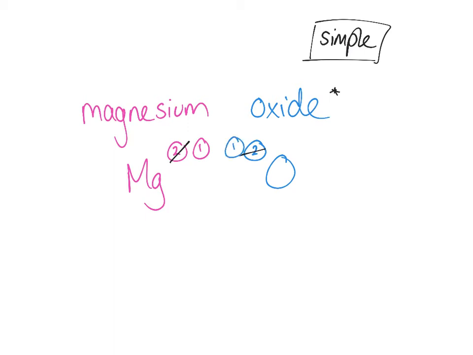Then what I do is I swap and drop when they're in their simplest ratio. Although you can skip this stage if you're happy enough, I would get Mg1O1, and at this point we write our formula close together, no gaps between it, and we drop our numbers down to the bottom and we remove those circles.